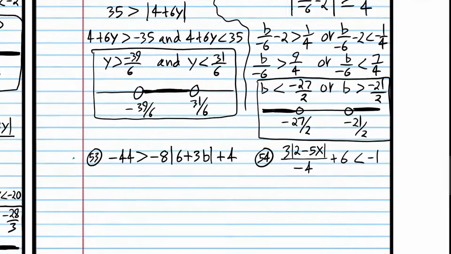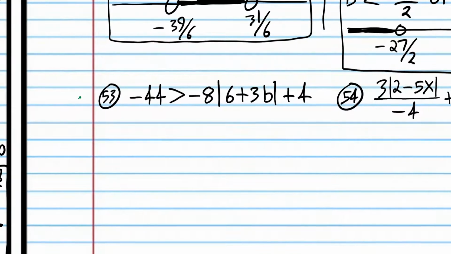All right, we're back. So subtract 4 from both sides, and you get -48. Divide both sides by -8, and you get +6. And you have to flip that inequality. Oops, sorry, it's a little sloppy there.